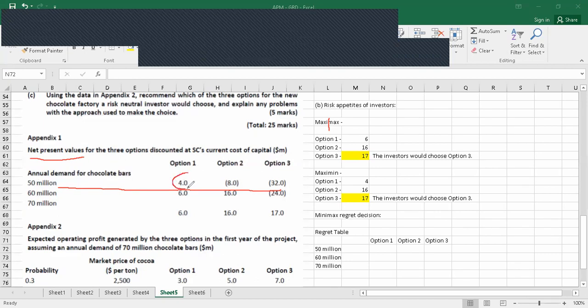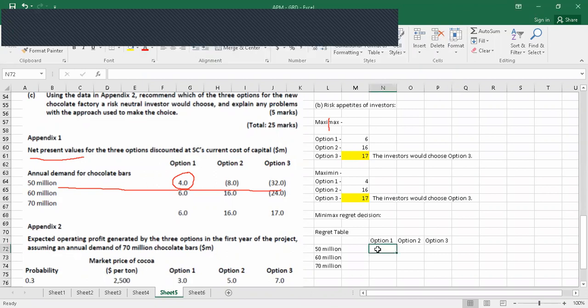It is 4 is the best because the other two are negative. So if they choose option 1, will they have a regret? There would be no regret if they choose option 1 because that's the best thing. So regret here would be 0.